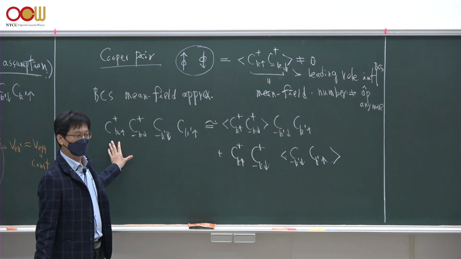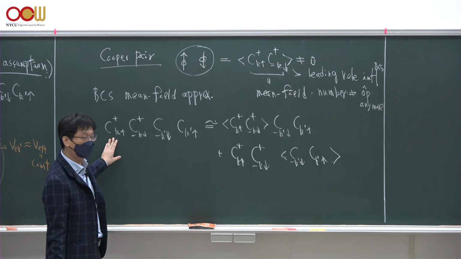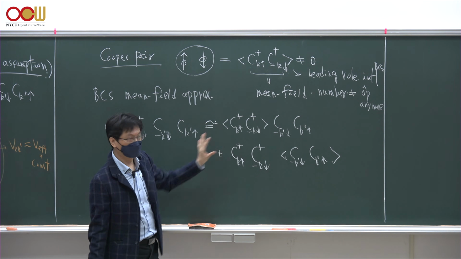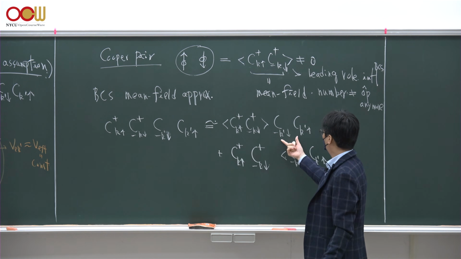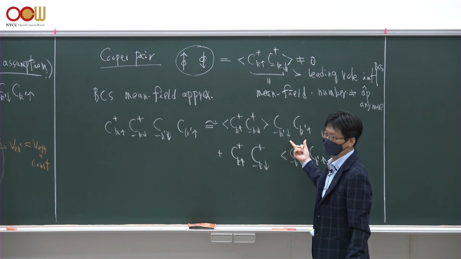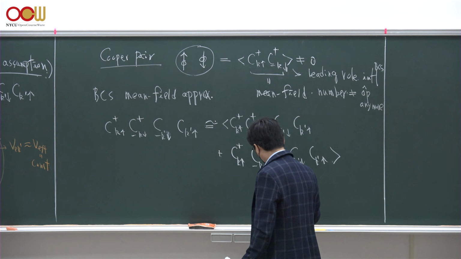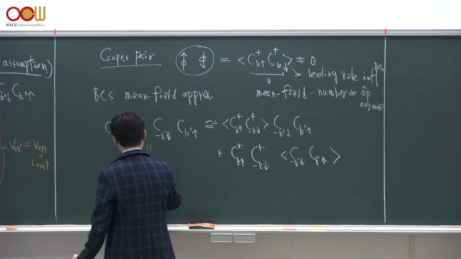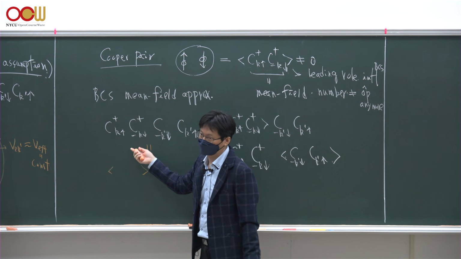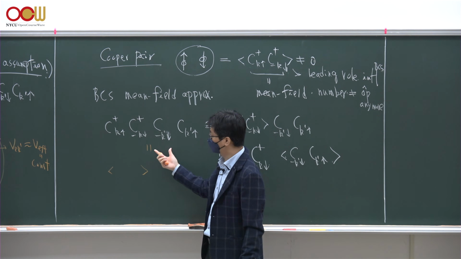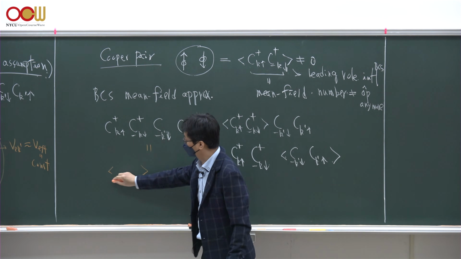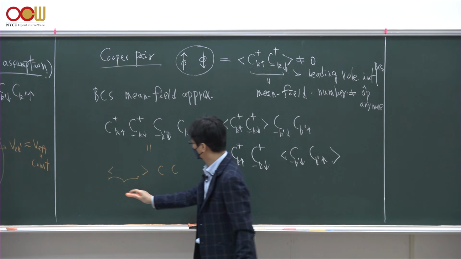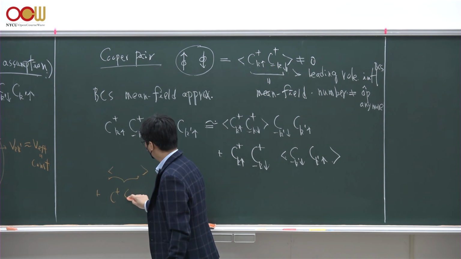So this quartic, or four-fermion, term could be approximately given by this mean field number multiplied by the remaining two operators. Namely, I simply consider the effect of the quartic coupling term as an effective mean field times the remaining two operators, plus the other way around.